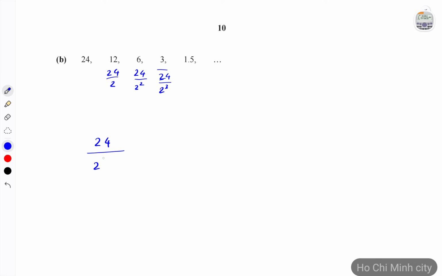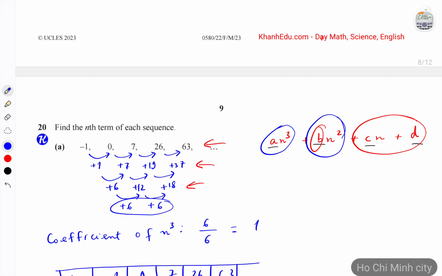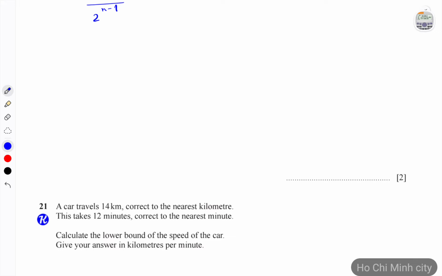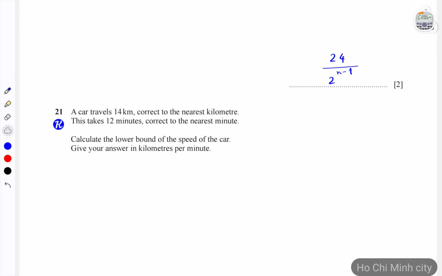So this one is 2 to the power of n minus 1. So this would be the nth term for this sequence. All right. Pretty easy, huh?